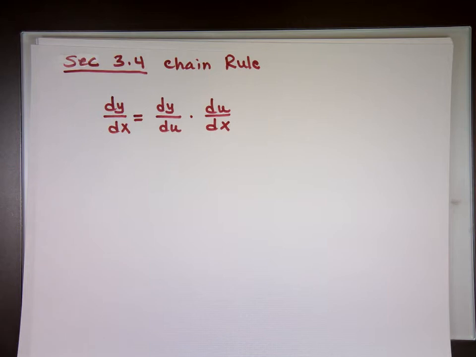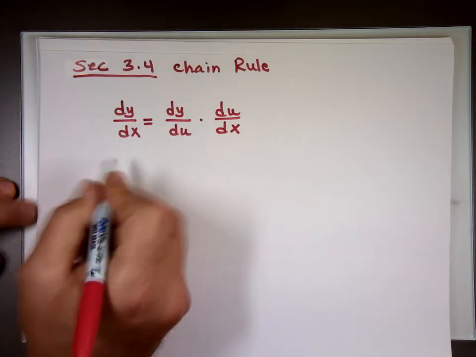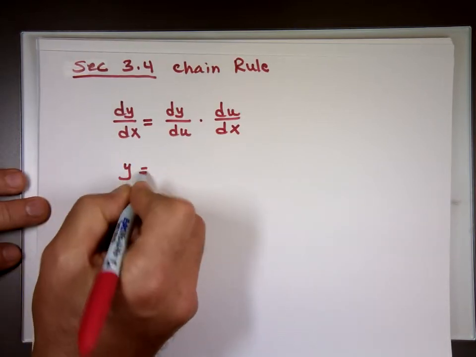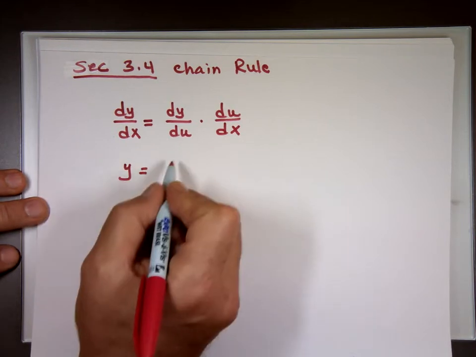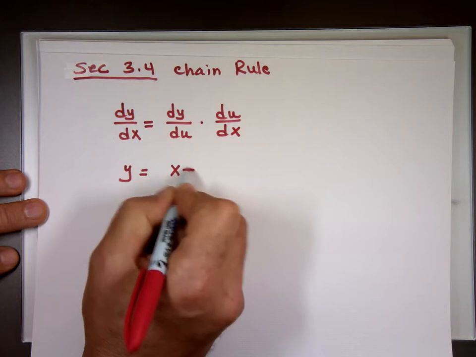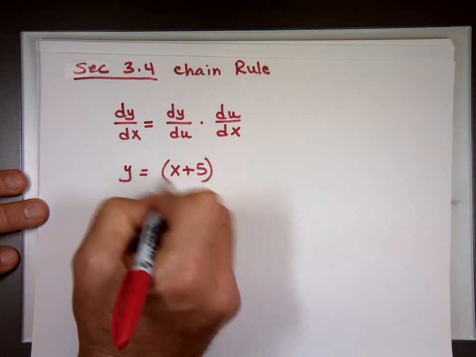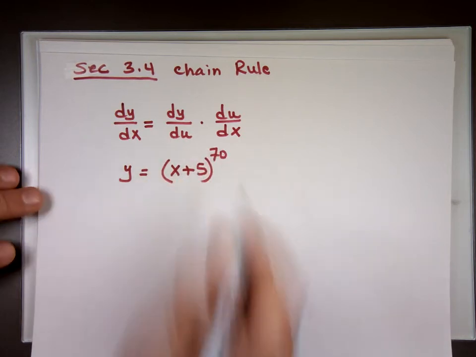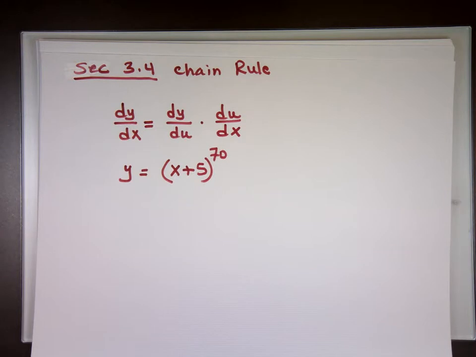Now, let's say I gave you this problem. y equals, and I'll make it difficult for you because the bus is not running to Boston, (x plus 5) to the power of 70. I made it 70, knowing probably none of you in your right mind will multiply this 70 times and try to get the answer.